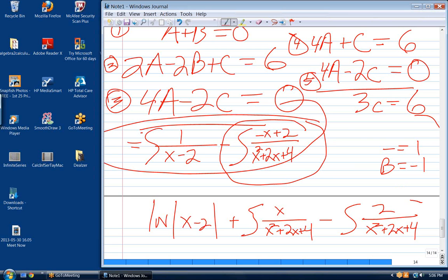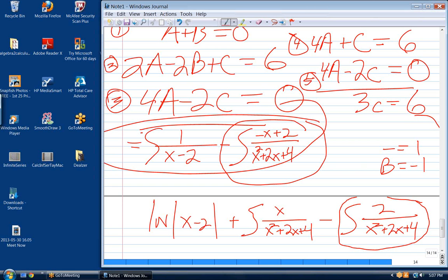Now this one I can integrate by completing the square in the denominator and using the arctan, the inverse tan on that after I've completed the square. That's something we haven't gone over either.